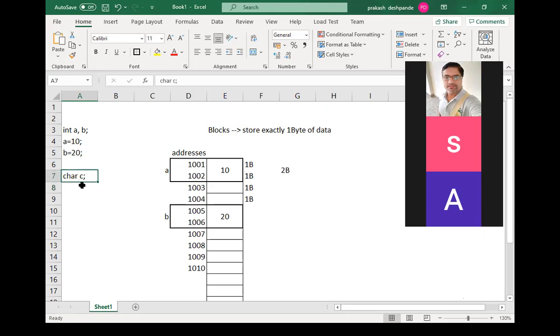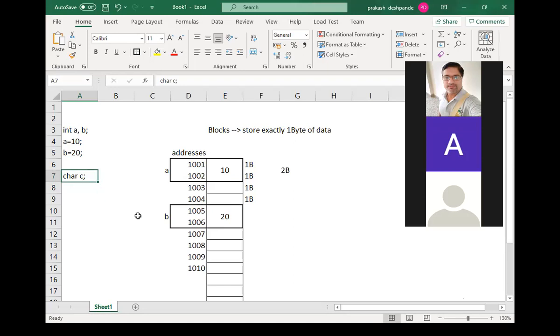When I declare a char C, then what is going to happen? C is what? What type of data is it? Character. So character requires how many bytes of memory? 1 byte.